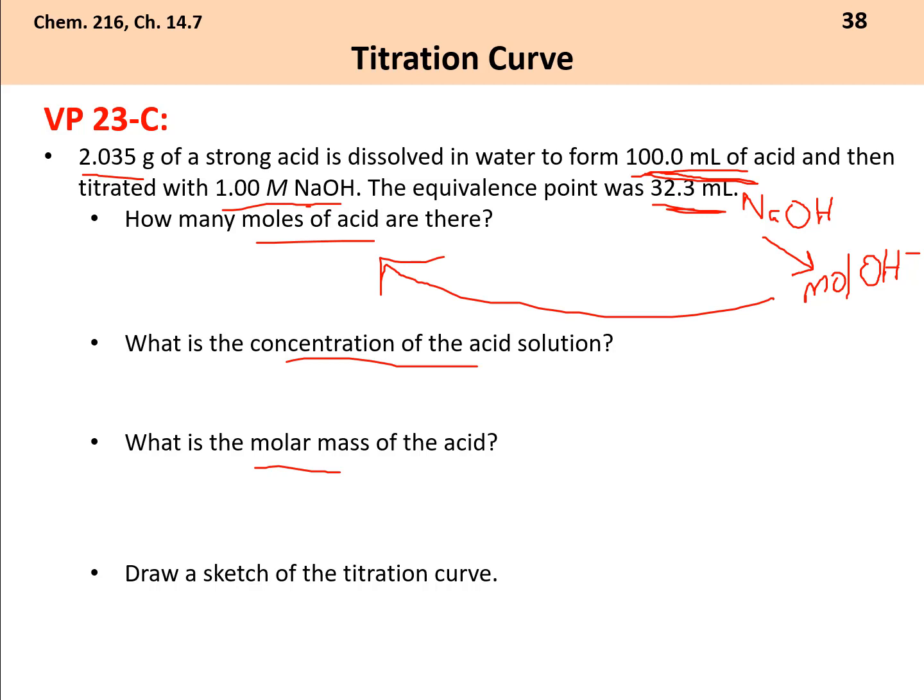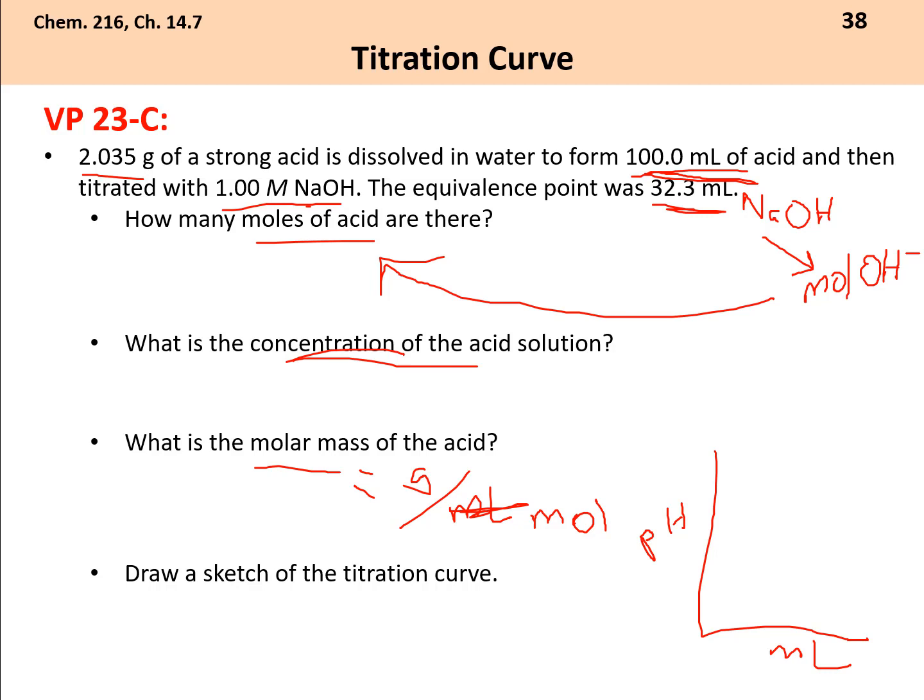If I know the moles acid and the volume, I can figure out concentration. Molar mass is grams per mole. I know grams. I found moles, so I can find grams per mole. And then I want to draw a sketch of the titration curve. pH versus mL. Go ahead and sketch that out.